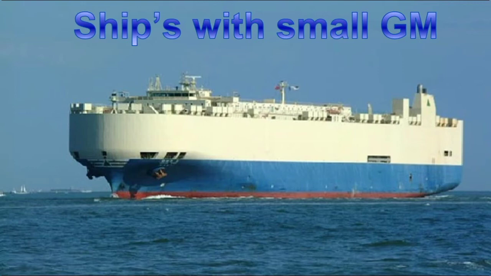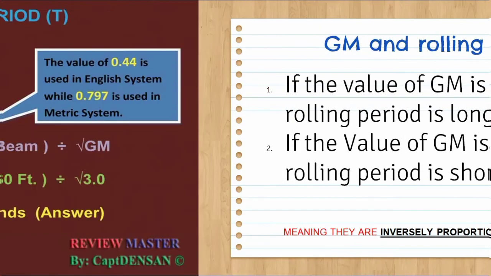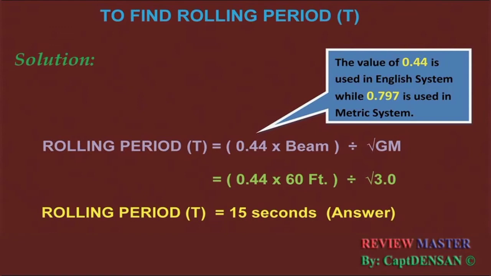So probably as future chief officers and masters, we shall make sure that we have the amount of GM necessary for the voyage, not too large and not too small. Okay, so just stay in between. That is the challenge of becoming the chief officer, because you will be the one to decide the stability of your ship.